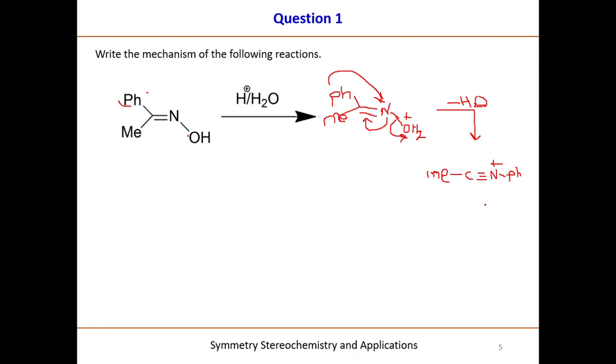Now again a water molecule will abstract the proton. Sorry, the proton is not there. So the water molecule will attack this carbon atom to give the corresponding intermediate.